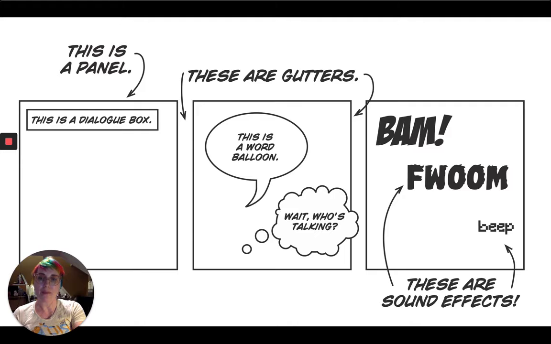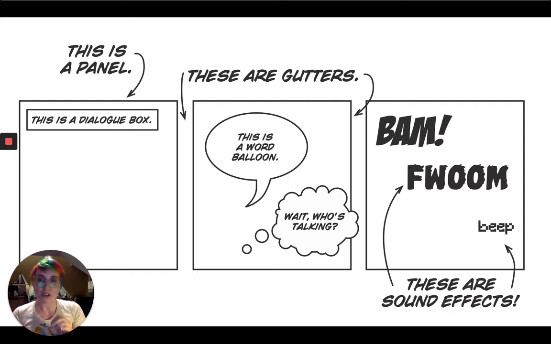So you put those panels in a sequence, you put them in a row. We are going to understand there's a relationship between each panel. What happens in between each panel is called the gutter. The gutter is that space that tells us that these are separate moments.